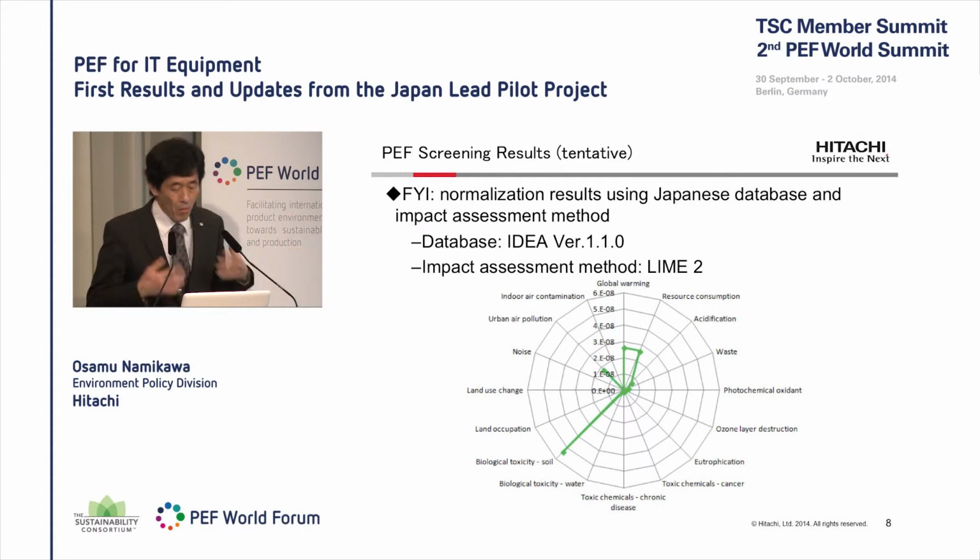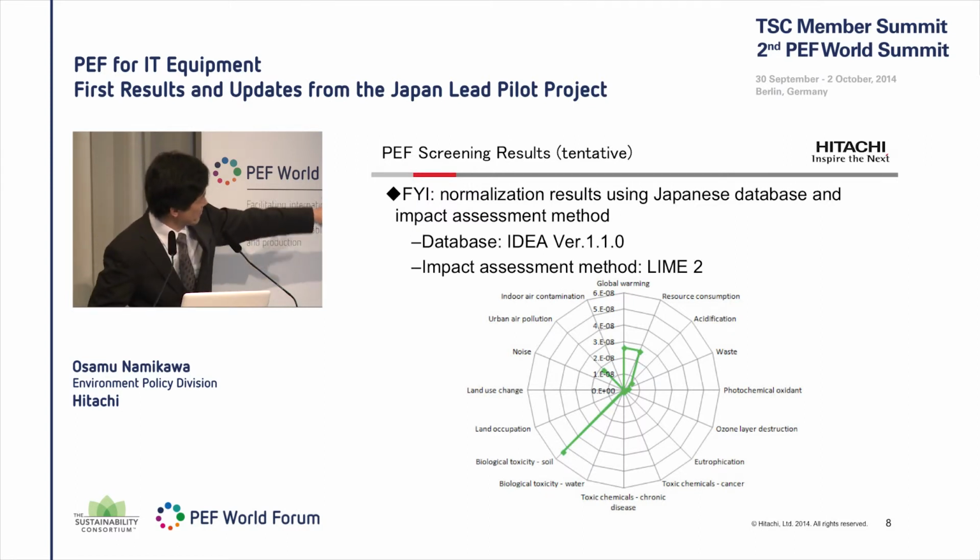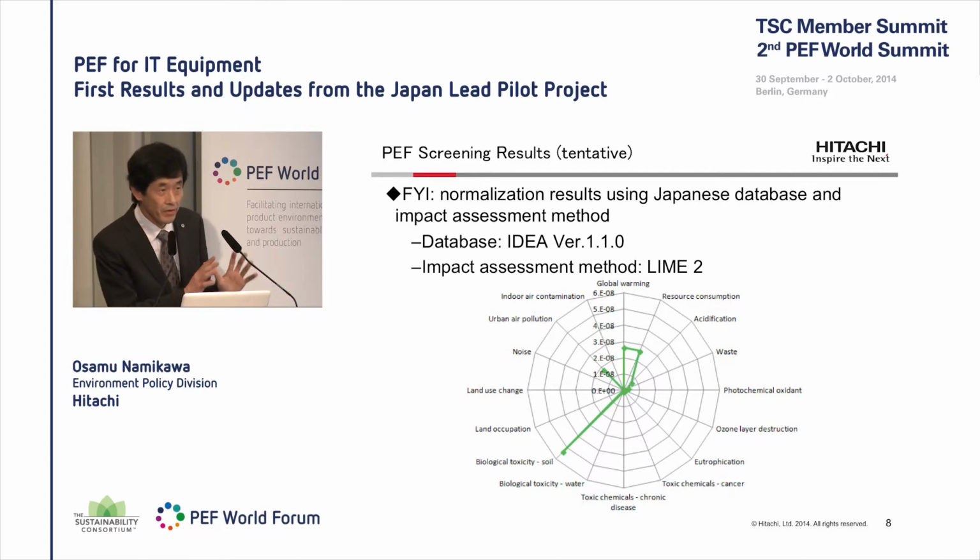I don't have an intention, but the global warming number itself is almost the same. But this figure shows a relatively different picture. That means other than global warming, the numbers are very much reduced from the European methodology compared to LIME2. So I don't know how to understand this, but we are now evaluating the European methodology and LIME, and I hope we can find some reasoning and resolve this, and that a better evaluation is needed.